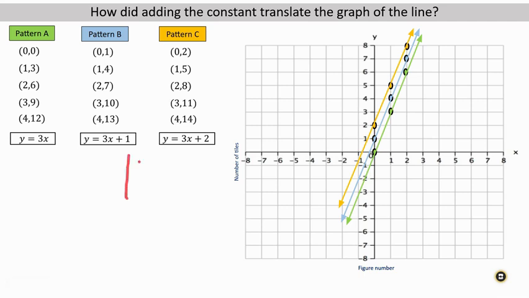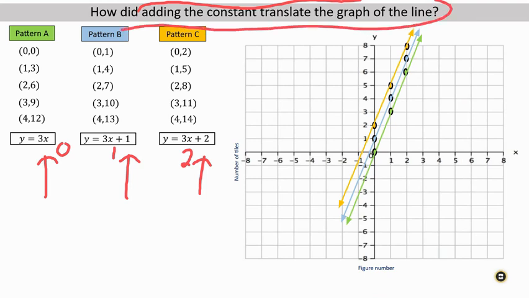What I want you to pay attention to is the y-intercept. Here it is 0, 1, and 2. So what is happening when we add a constant to the line? We are moving the line up or down.